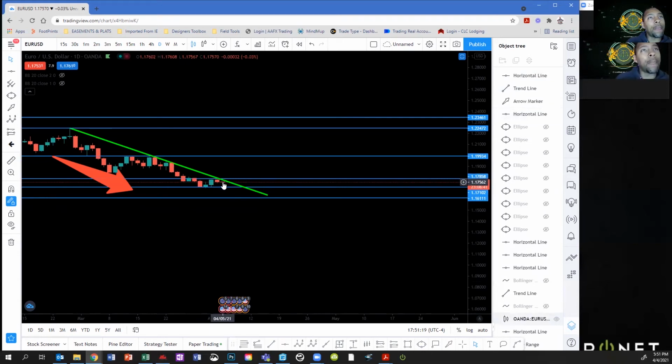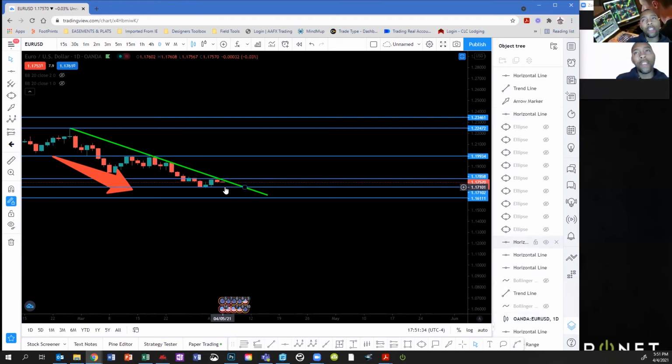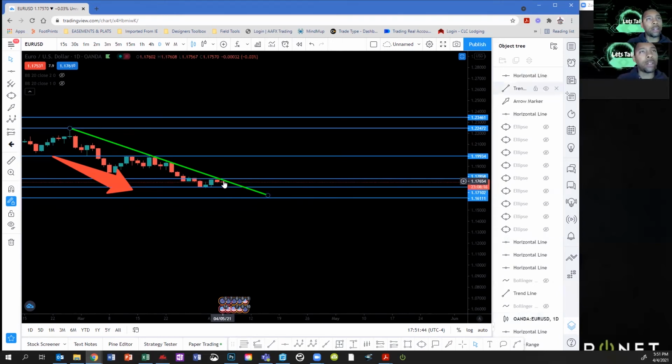But my gut tells me that this is still not a bad place. It's not the best place to get in, but it's still not a bad place to take advantage of, because realistically, this should come back down and retest 1710, 1712 down in that area. So it is an opportunity to try and capture 40 pips.